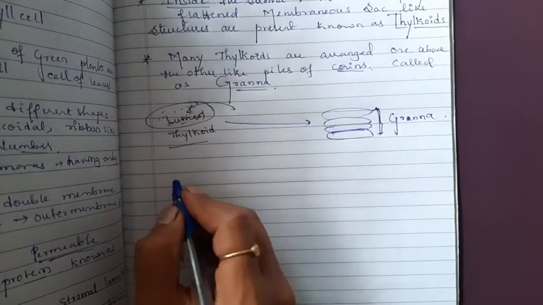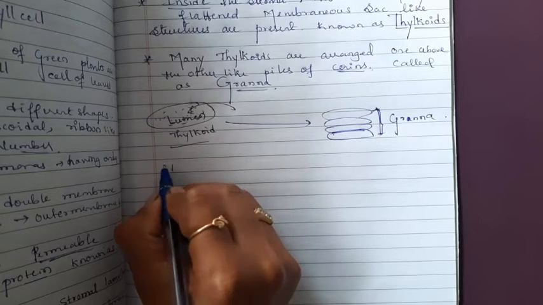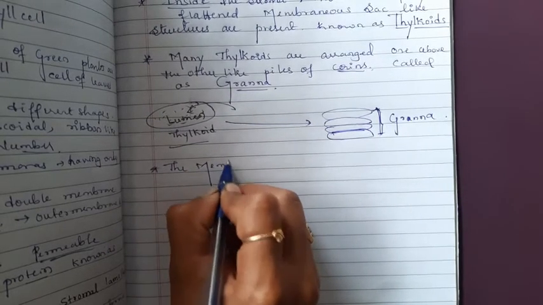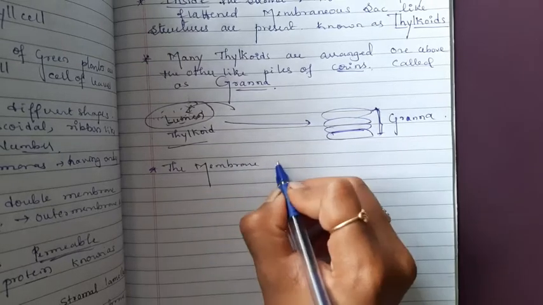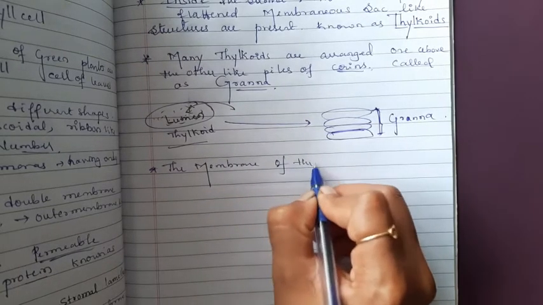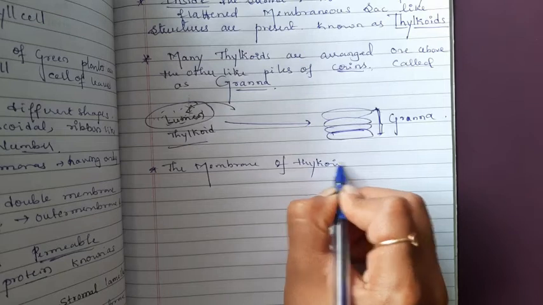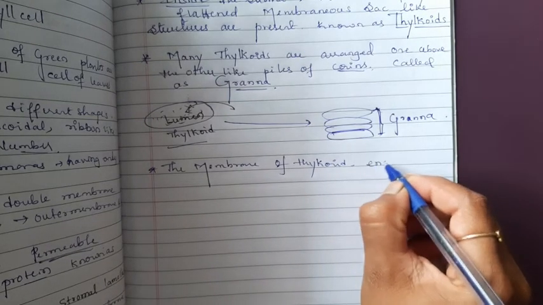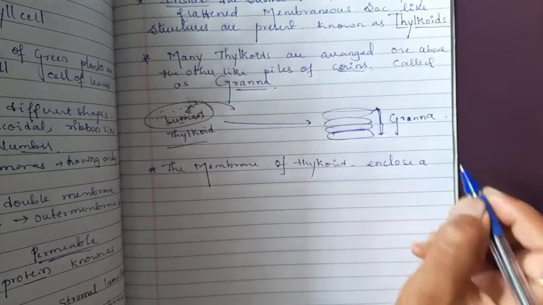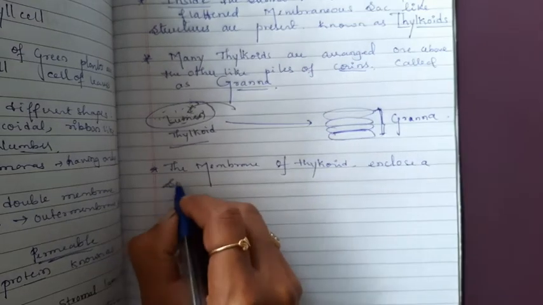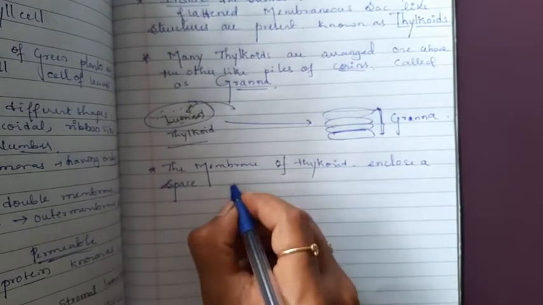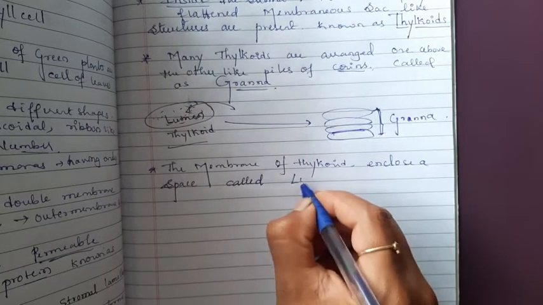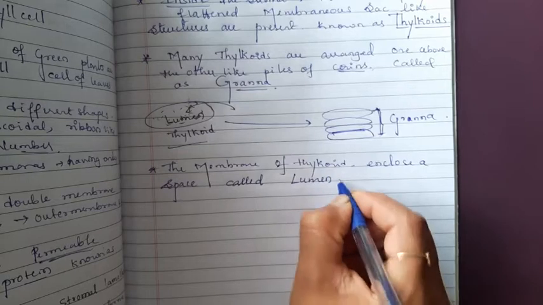The membrane of the thylakoid encloses a space called the lumen.